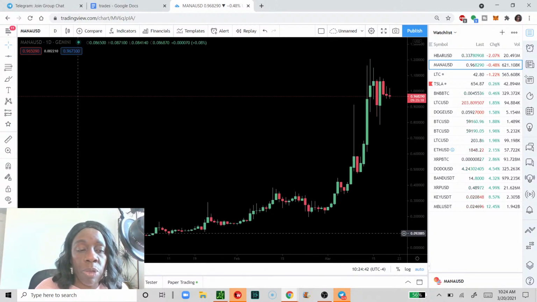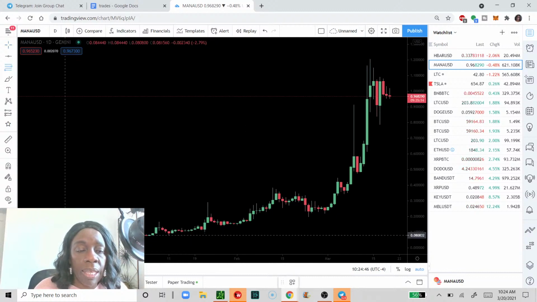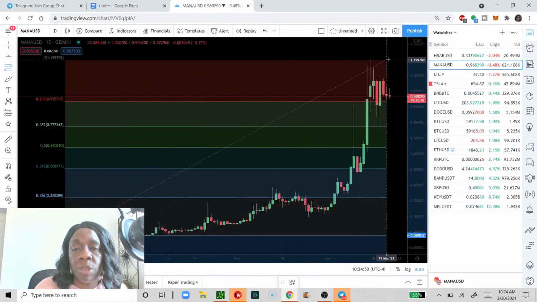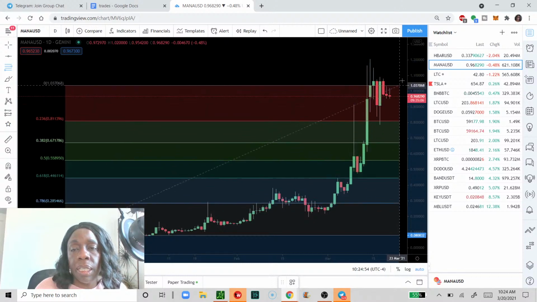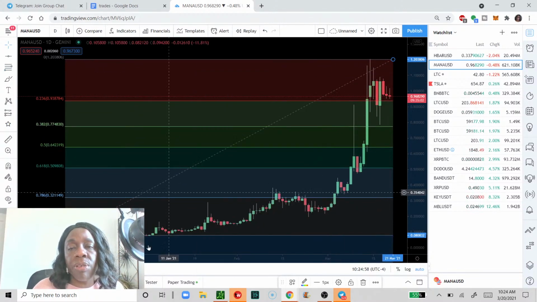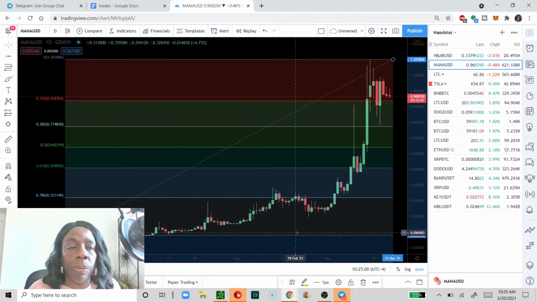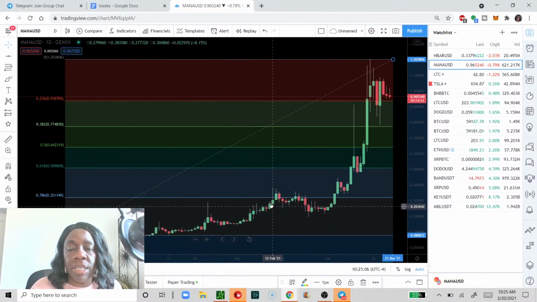And here we're using it in trading, and you click on it, and then you pull it from your lowest point up to your highest point. And it creates these levels for you. And these levels are meaningful. You find out that a lot of price action operates around the levels, which are support and resistance lines.